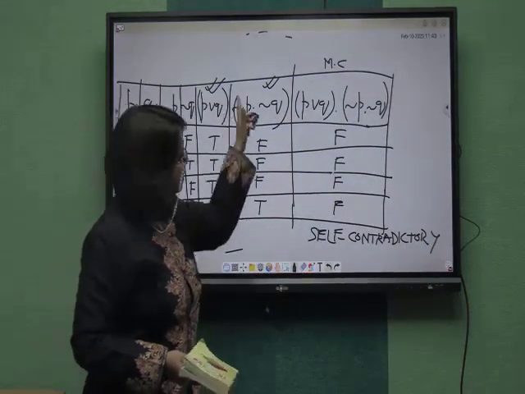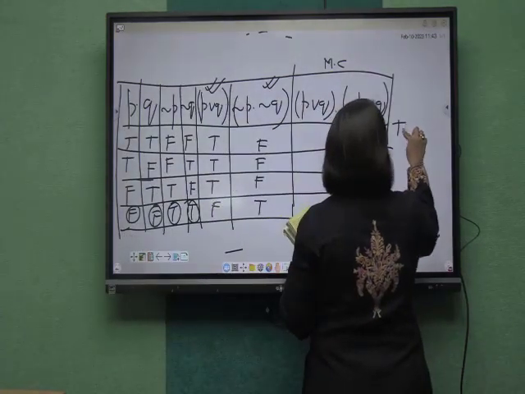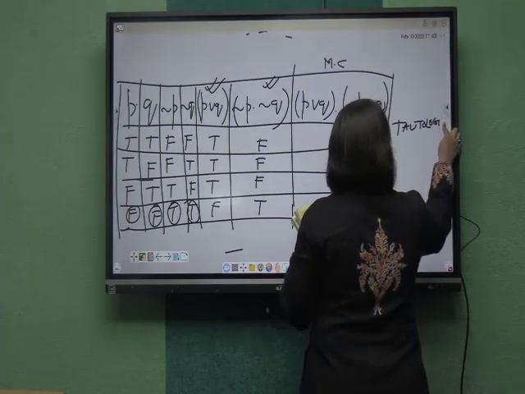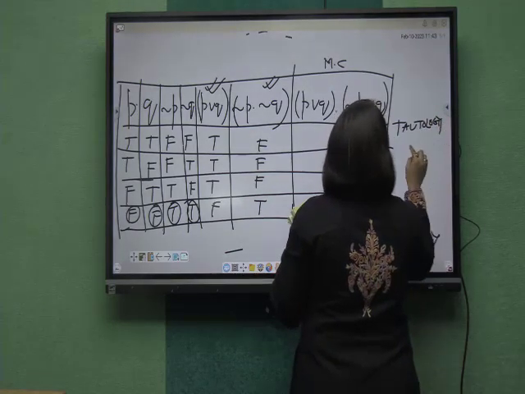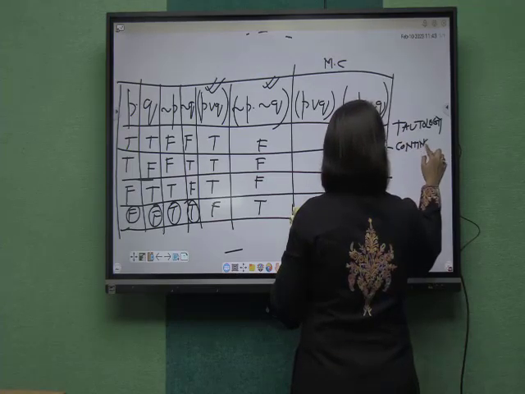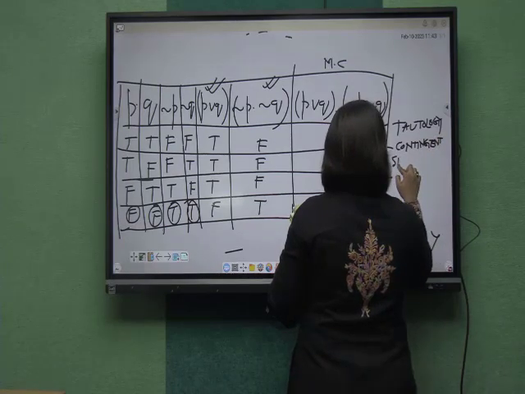Alright girls, it's very important to know now: how many things do we know? We know a tautology, we know a contingent, and we know a self-contradictory.